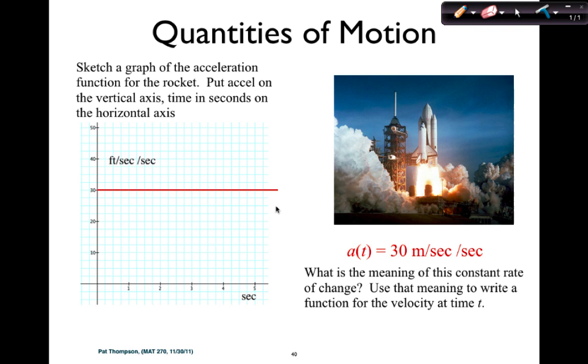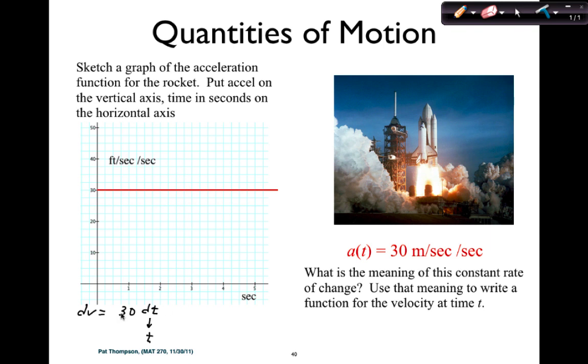So because this velocity starts at 0, we can say that dv equals 30 dt, but because velocity starts at 0, we can also say what? We can have all our changes be from 0, and then our change from 0 is simply what? Wouldn't it just be t? Right? So our change starting from 0 is t.